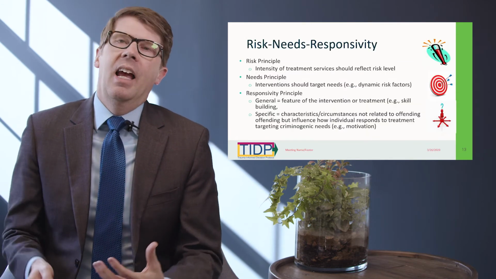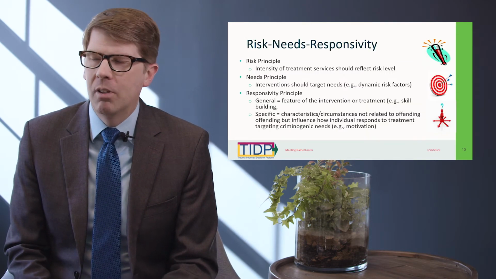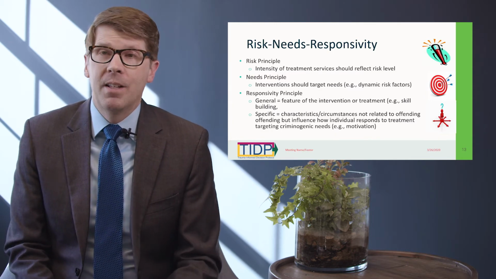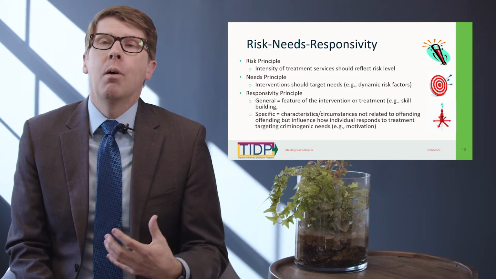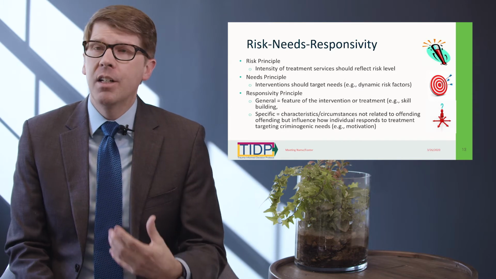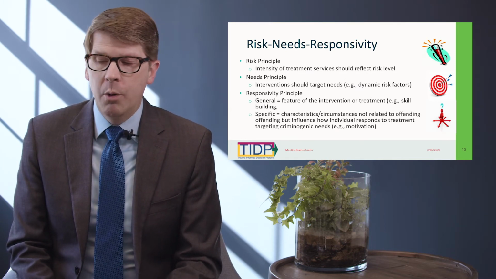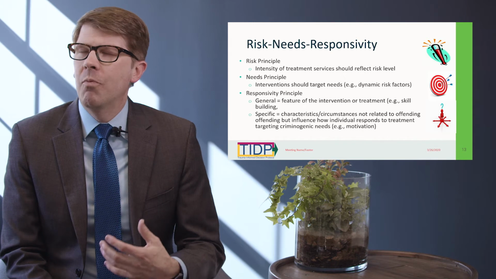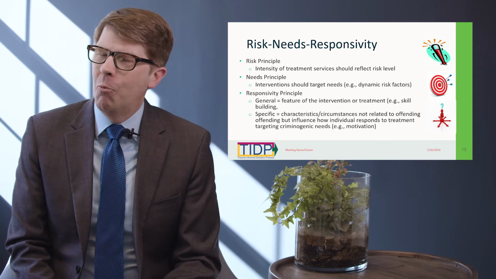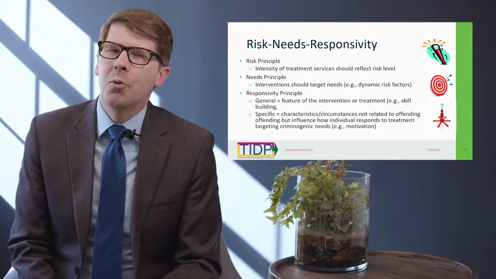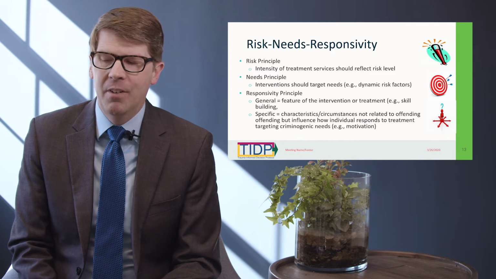And Pennsylvania is an excellent example of a state that has been utilizing the risk-needs-responsivity model as a way to promote effective case planning. This is information that is well known among individuals who are working in probation in Pennsylvania.